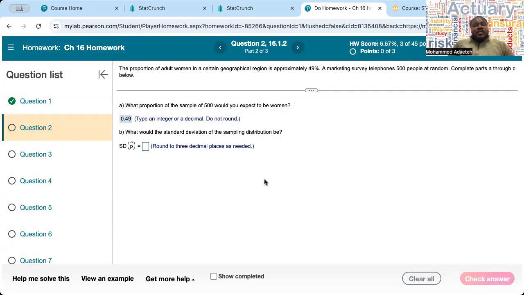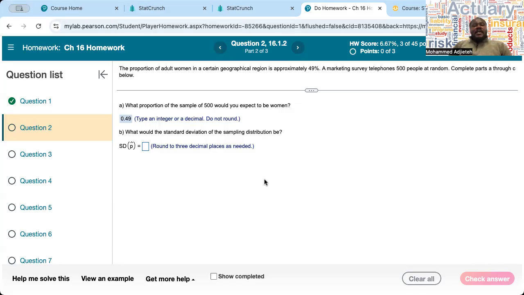Now, the next one is, what would the standard deviation of the sampling distribution be? Same thing. So do it and then tell me the answer. So what is P here? P is 0.49, right? What is Q? 1 minus P, 0.51.